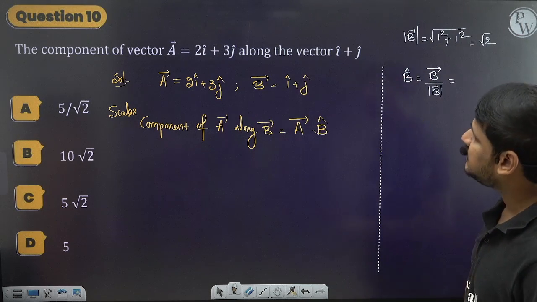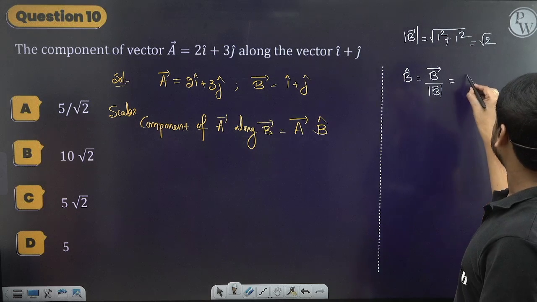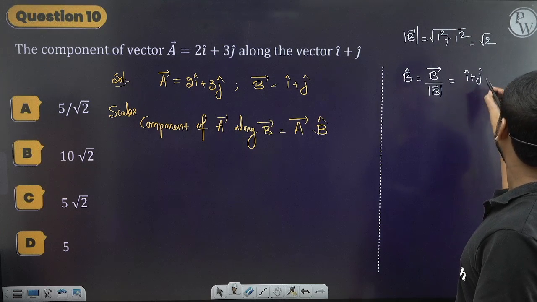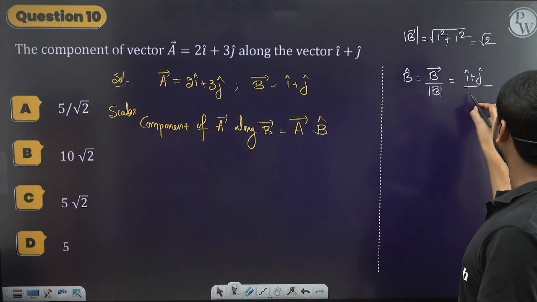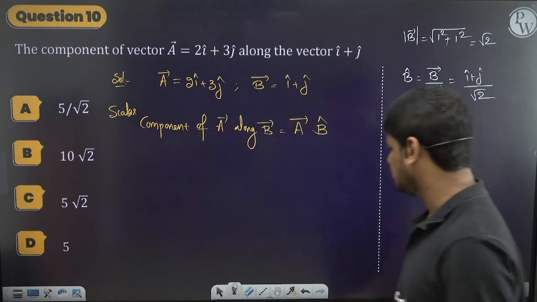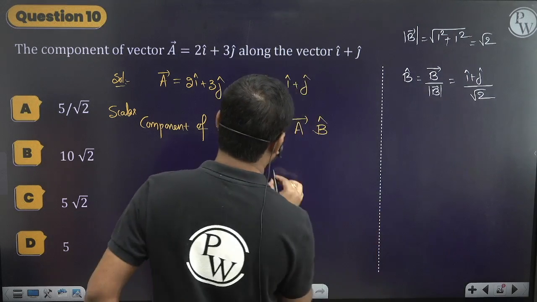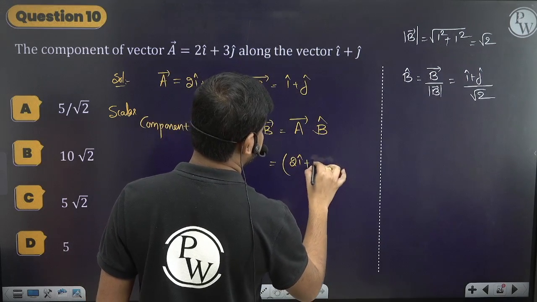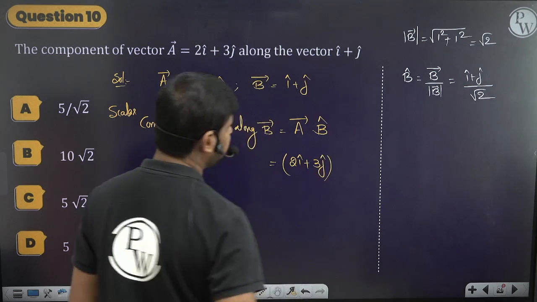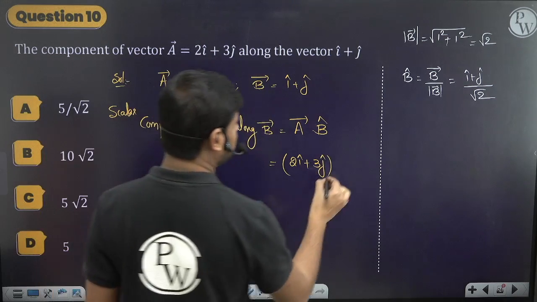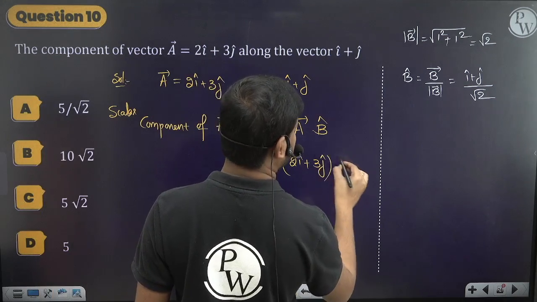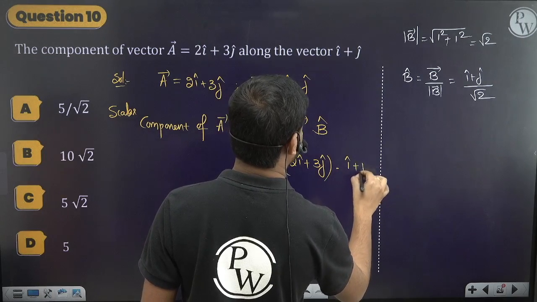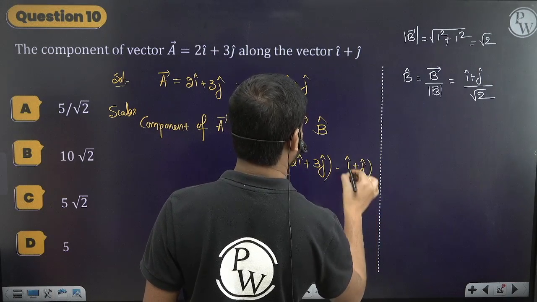So vector b is i cap plus j cap, and its magnitude is root 2. So the vector a, which is 2i cap plus 3j cap, into b cap, which is i cap plus j cap by root 2.